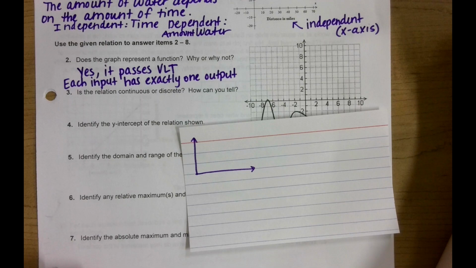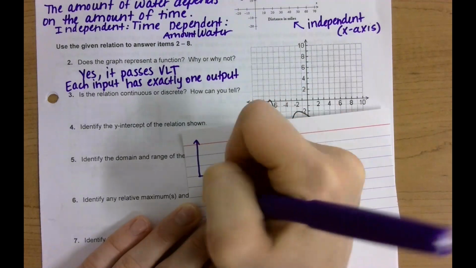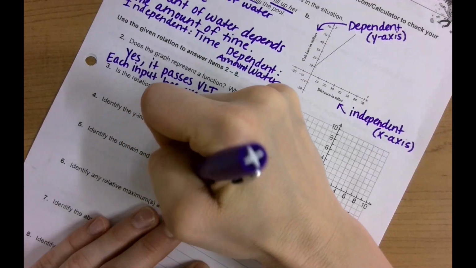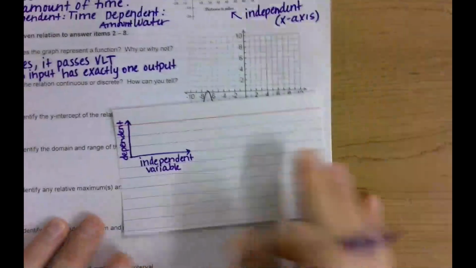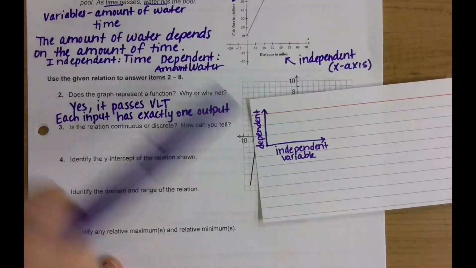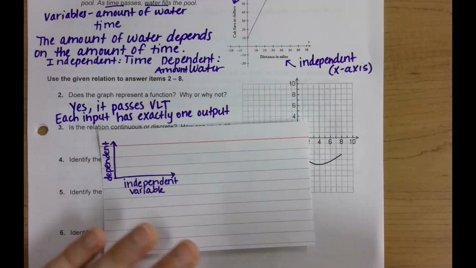You could draw a little graph and put independent variable and dependent variable, and then when you're taking the test, it can help remind you. And then maybe if you want, add the verbal description. Remember to write small because you only have this 3x5 note card, so really pick and choose what you need reminders for.